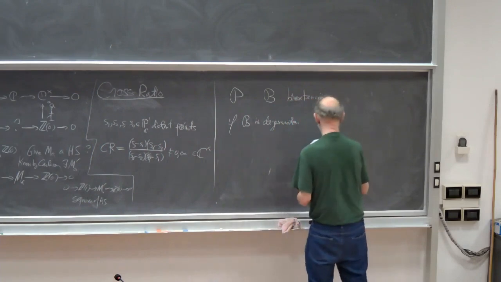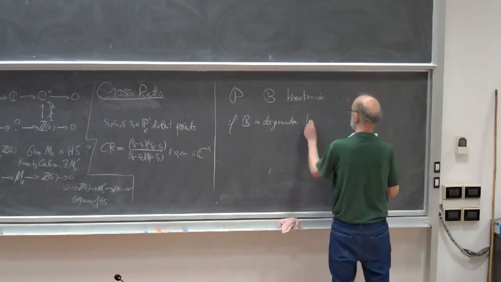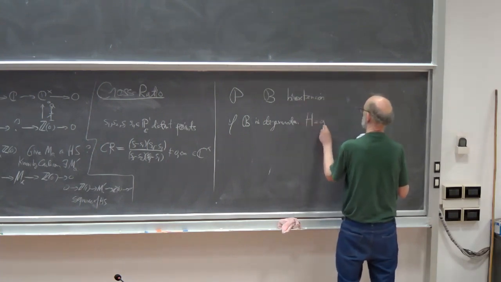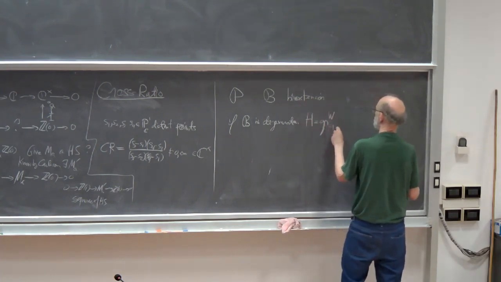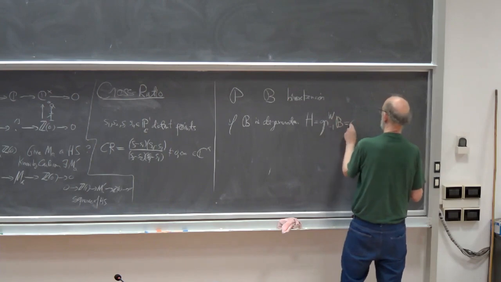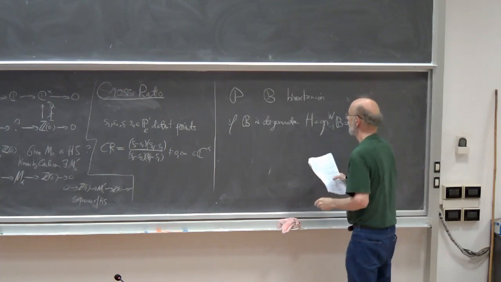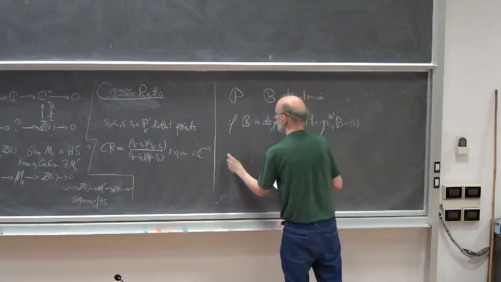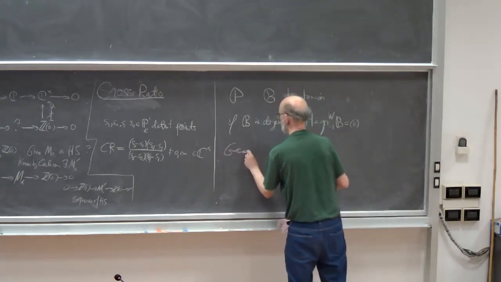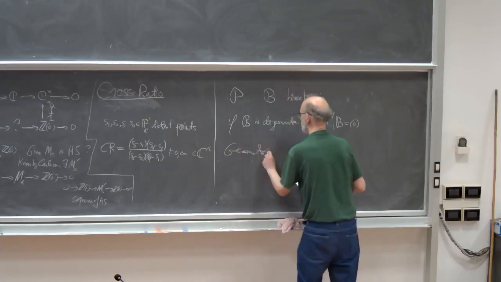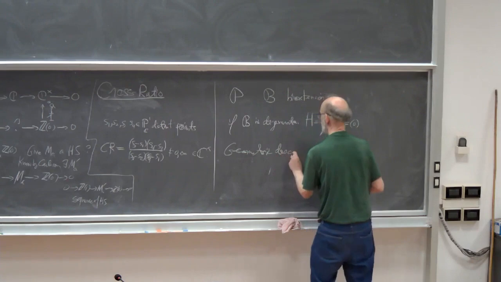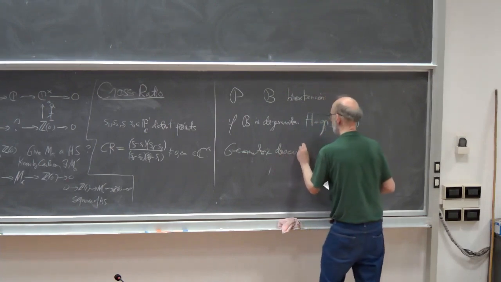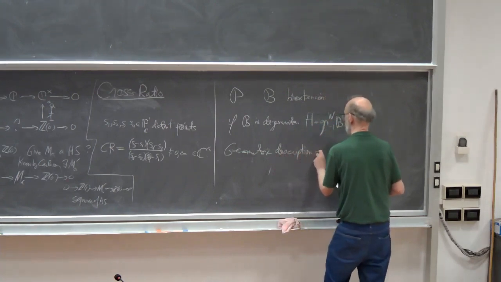So if B is degenerate, so that says our H, which is W minus 1 of B, is 0, then what is a geometric description of B?